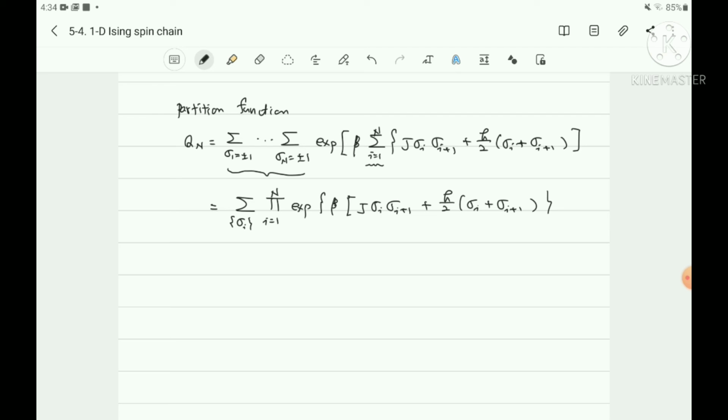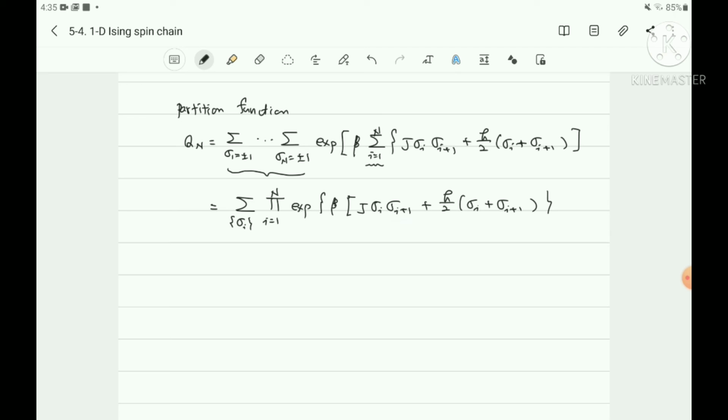The spin can be written as a Pauli spin matrix, and therefore this partition function is a kind of matrix.